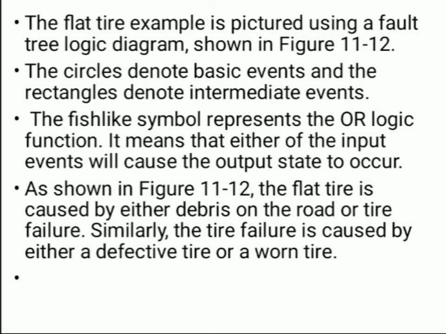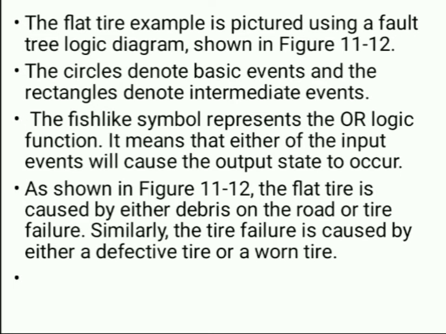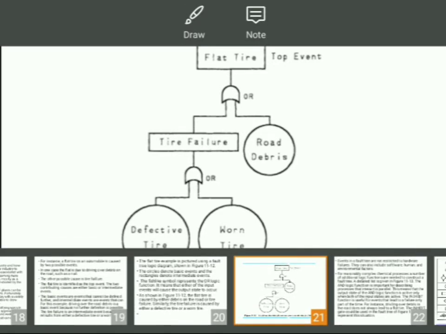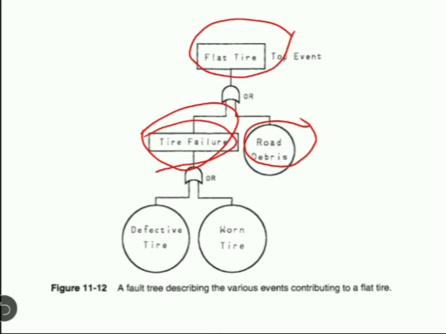The fish-like symbol is an OR logic function. It means that either of the input events will cause the output state to occur. That means two reasons can cause the flat tire: tire failure, or driving on the road debris. That is how fault trees are drawn.